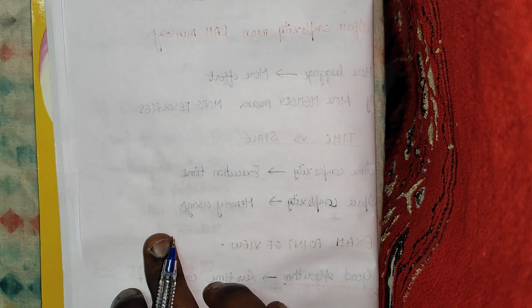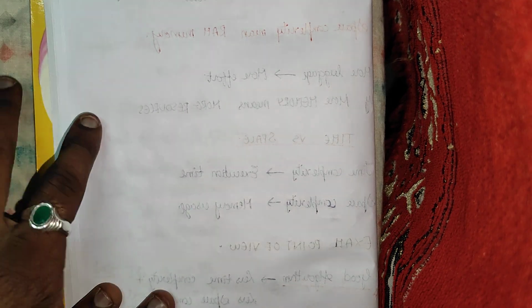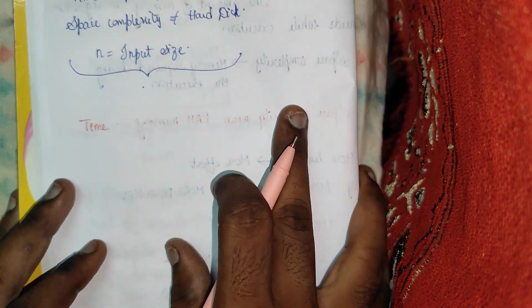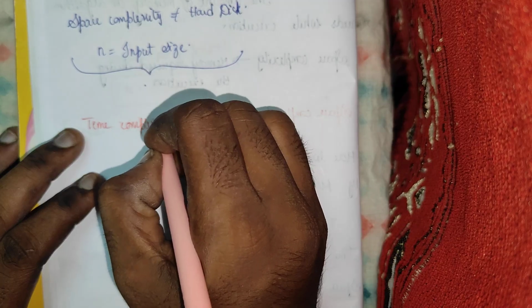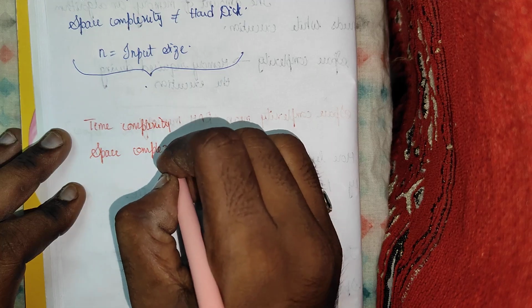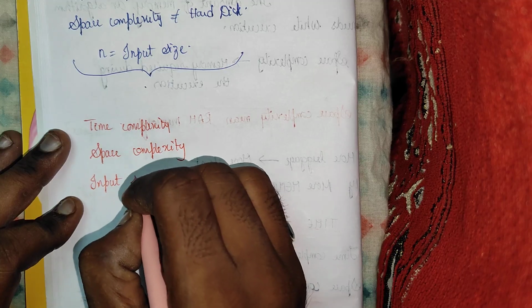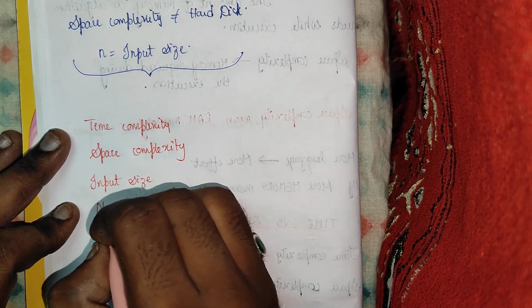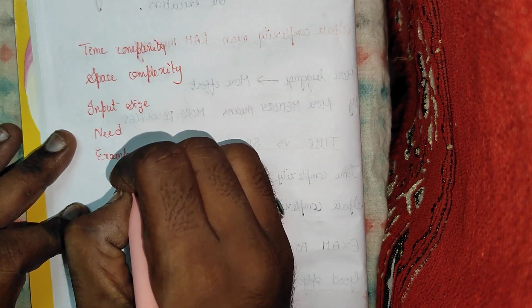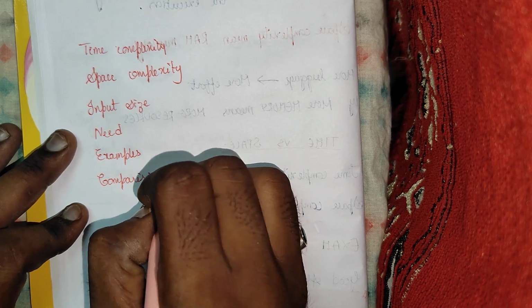Okay, in this video I have explained about time complexity, space complexity, input size, need, examples and comparison. We have learned about time complexity, space complexity, input size, the need of time and space complexities, a couple of examples, and comparison of time and space complexities.